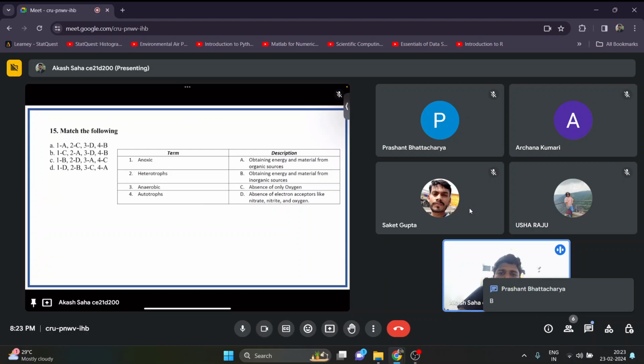So anoxic is the absence of only oxygen. So only oxygen is not the final electron acceptor. So instead of that, it can be nitrate, nitrite, anything. So anoxic condition is C, absence of only oxygen. Heterotrophs are those organisms which use the organic sources as their energy.